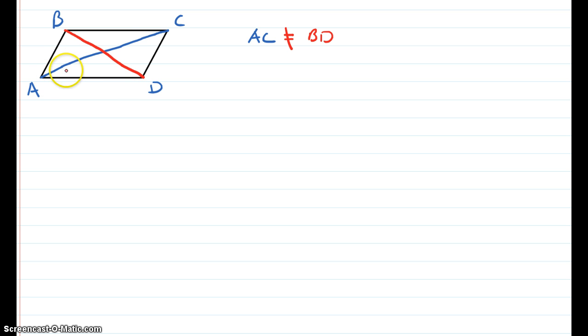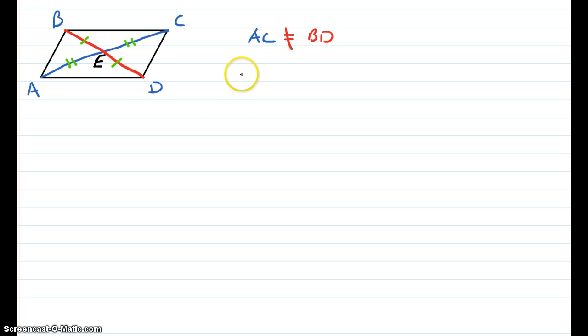But what happens when the diagonals cross is they cut each other in half, so they get bisected. That means this piece here is equal to this piece here, and this piece is equal to this piece. Let's name them where they cross.